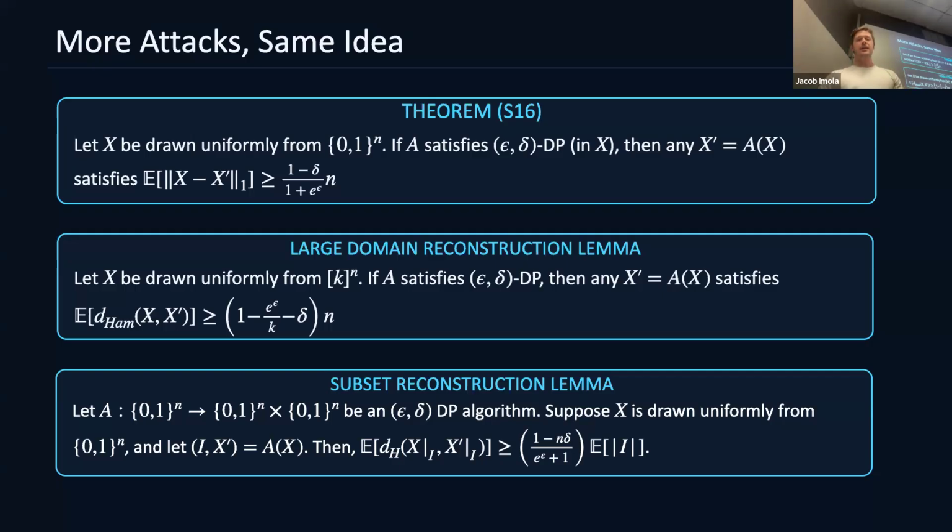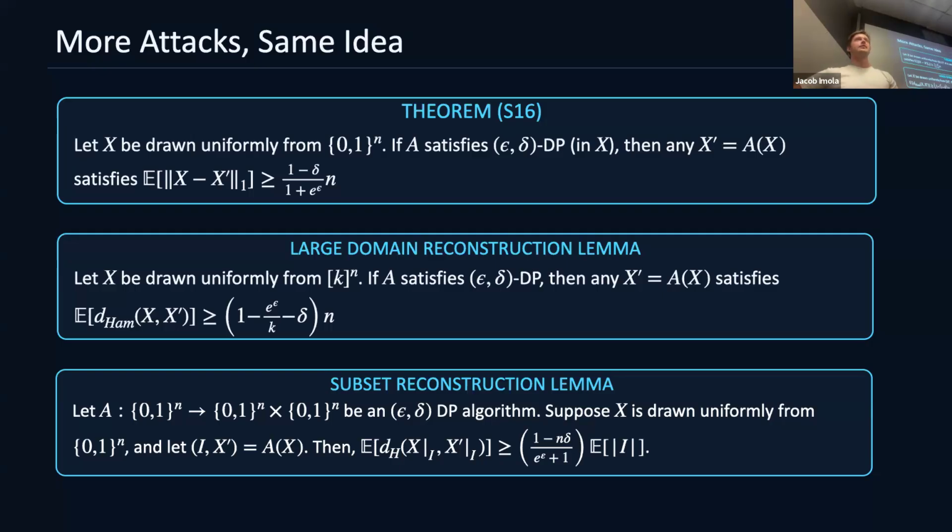And then lastly, we're going to also consider attacks that don't try to reconstruct the entire data set, but rather they take a data set and then they output a set of indices. So that's the first output in {0,1}^n. And then it also outputs a guess just for those indices that it is trying to reconstruct.